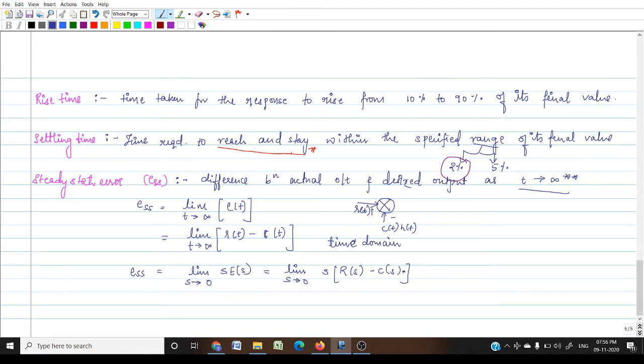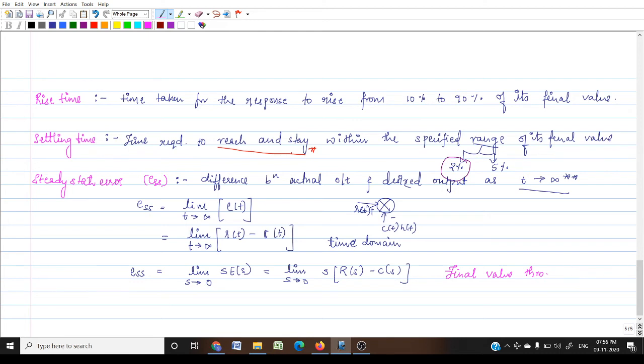Now, how did we come up with this? This is with the help of the final value theorem. This has been dealt in your Laplace transform in engineering mathematics. So the above equation will give us the steady state error in the time domain. So there are two ways of calculating the steady state error.